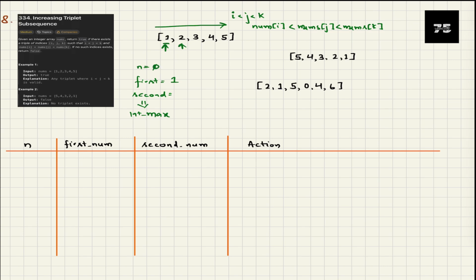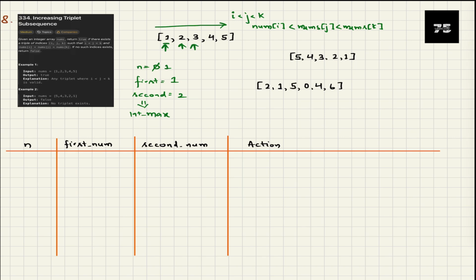Okay, this was 0, let's say, and then it became 1. Now at array of n we have 2. Now is my 2 less than first? No, it is not. Is my 2 less than second? Second was initialized to int max. Yes, it is obviously less than int max, so I can assign this. Now I can find an n which is greater than both of them, right?